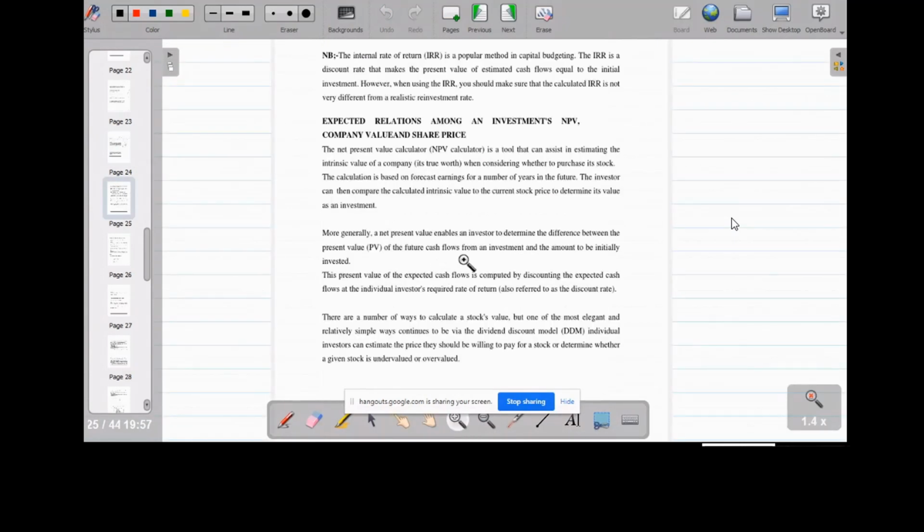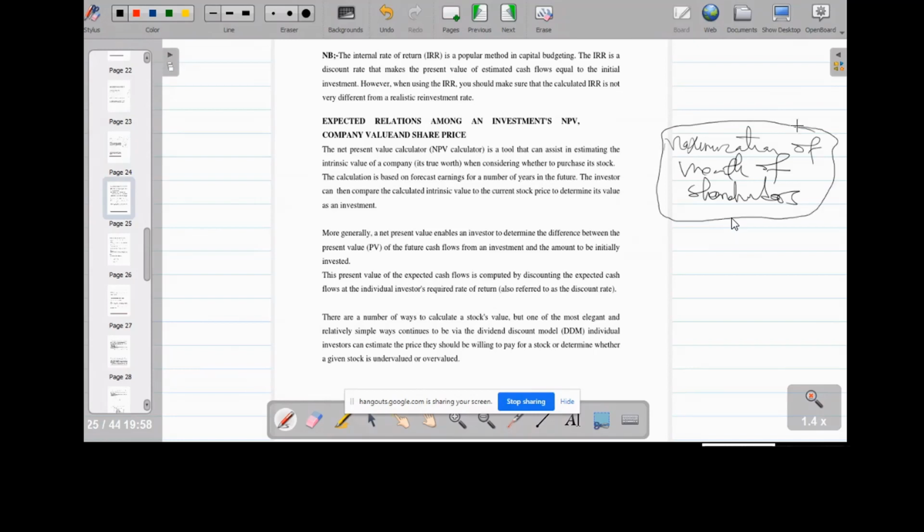Then the other thing, Bill, if you recall, we mentioned something to do with maximization of the wealth of the shareholders. Remember, capital budgeting is one of the primary goals of finance managers.